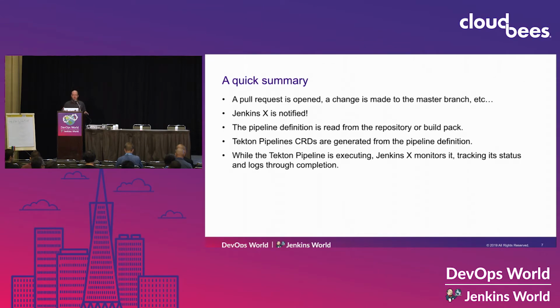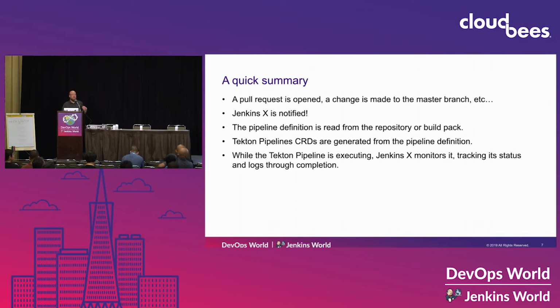So a quick summary of the life cycle of a Jenkins X pipeline. First, a pull request is opened, a change is made to the master branch, or someone manually kicks it off. Generally, it'll be via reacting to a new git commit or GitOps, ChatOps behavior. Jenkins X is notified.